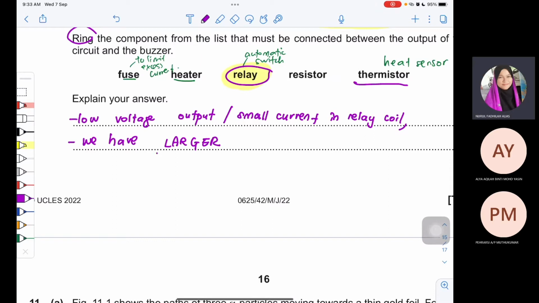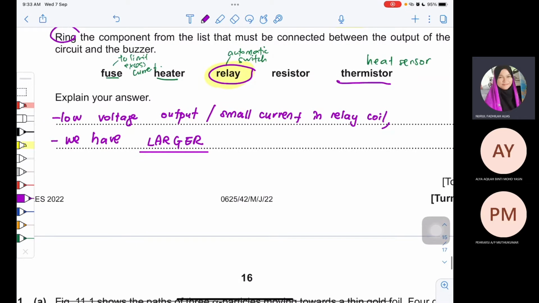This one, I just want to emphasize, you don't need to write it in capital letters, tapi I want to emphasize that small current of relay will gives us very large current, voltage. It depends lah. If you write voltage here, ini pun you write voltage. Tapi kalau here you write, here you write current, so bawah ni pun you write current.